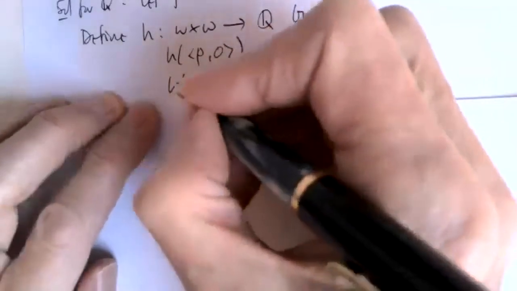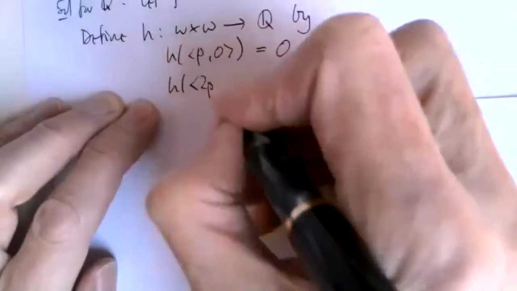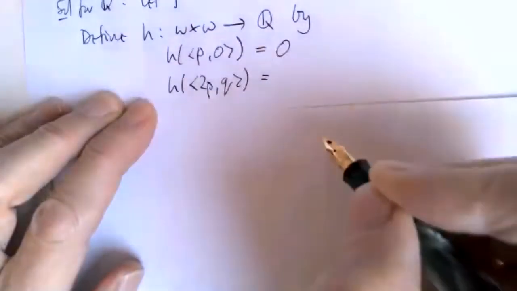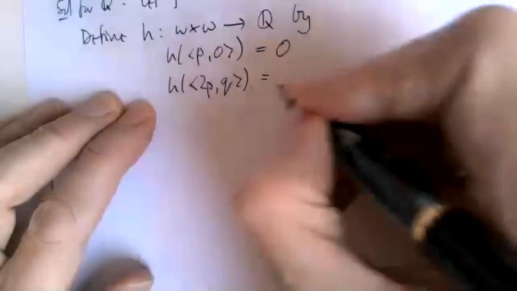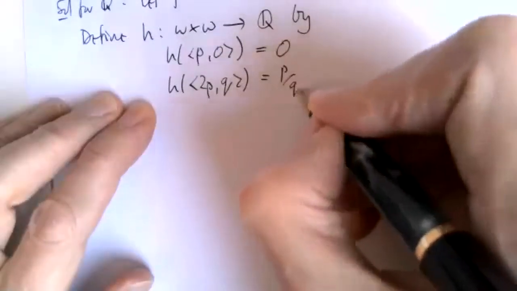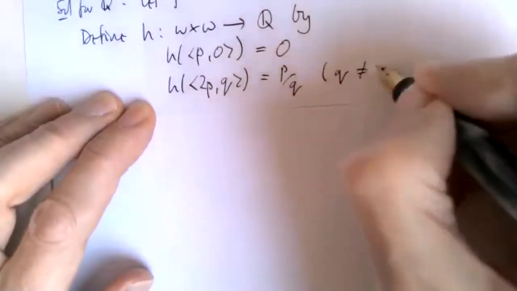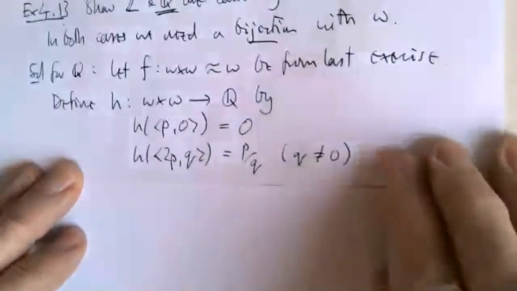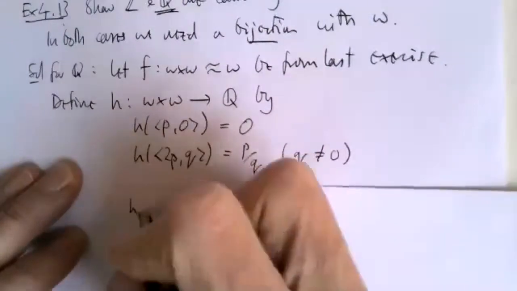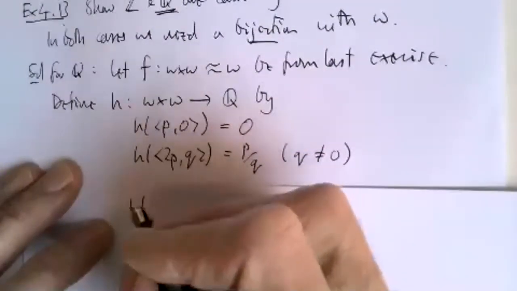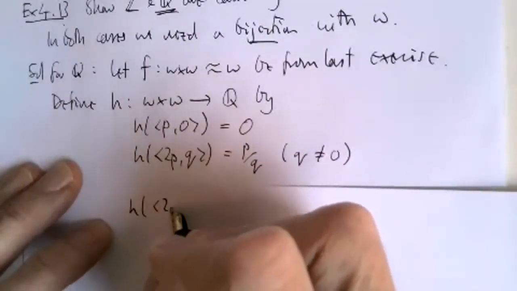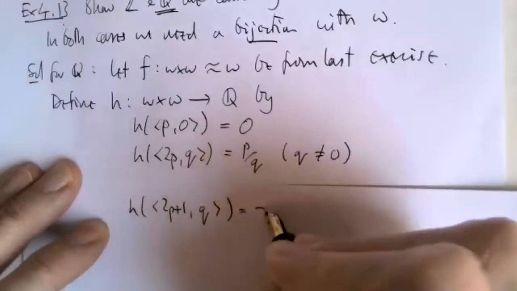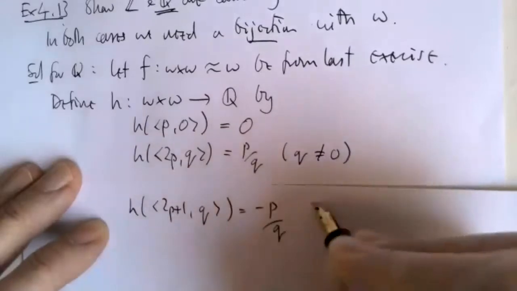I just need to kind of cook something up. I'll send the evens, 2P together with a Q, to P on Q, for Q not 0. And for the odds, send that to minus P on Q, again Q non-zero.